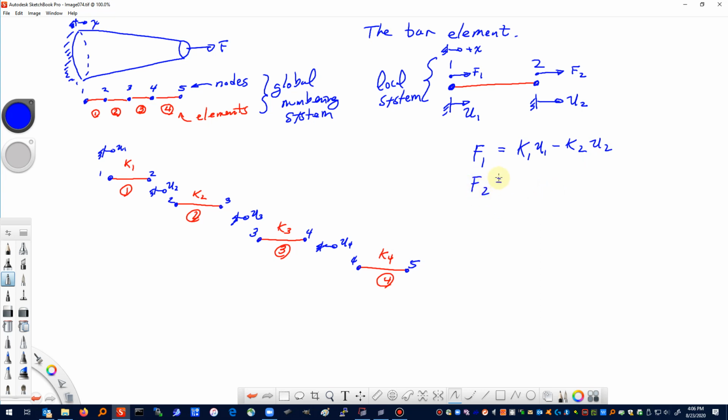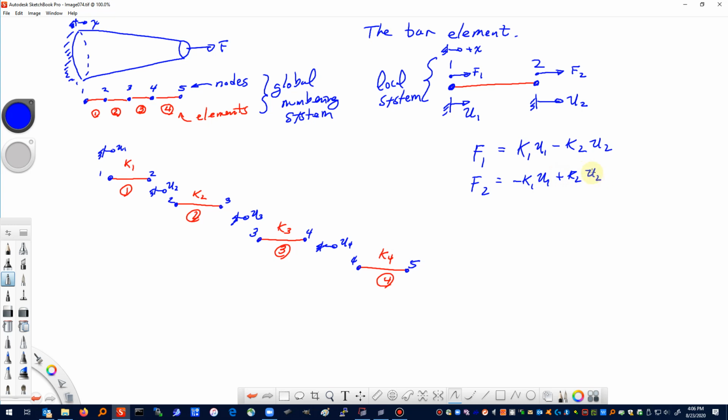And now we go to force 2. Now force 2 is a shared node between 2 elements. There's an element 1 and there's an element 2. Now force 2, if it were all by itself, we saw that it was equal and opposite to what we have for force 1. So it would be a minus K1 U1 plus a K2 U2.